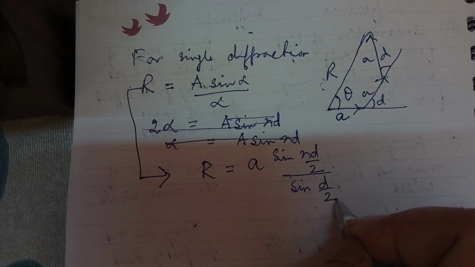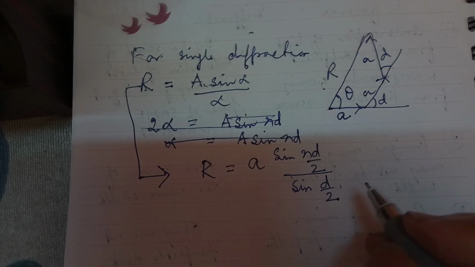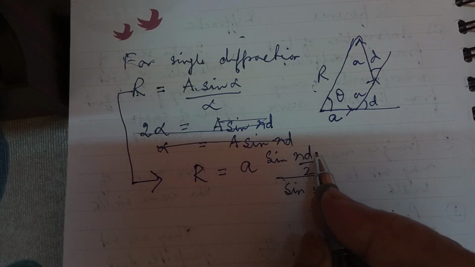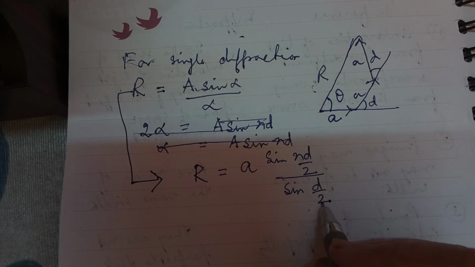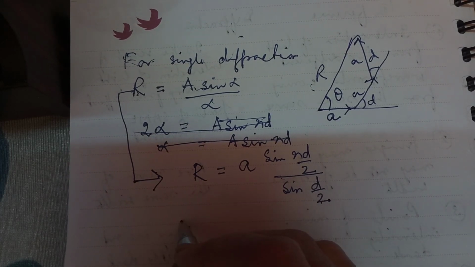What we did here was consider N to be infinitely large, and the amplitude A and phase difference D infinitely small. So the products NA and ND are finite. Here we have ND by 2 and here we have D by 2, isn't it? So NA is taken as A, and ND is taken as 2 alpha.